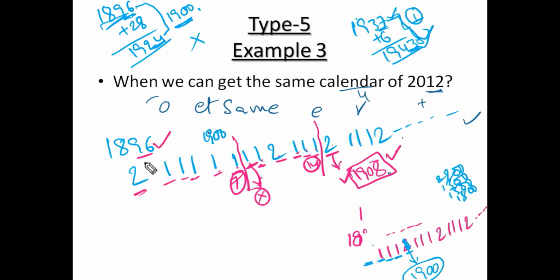So knowing the shortcut is not enough. What the exemptions for that shortcut are is also required. Okay, so with this, the calendar topic is over in the standard method as well as the shortcut method.